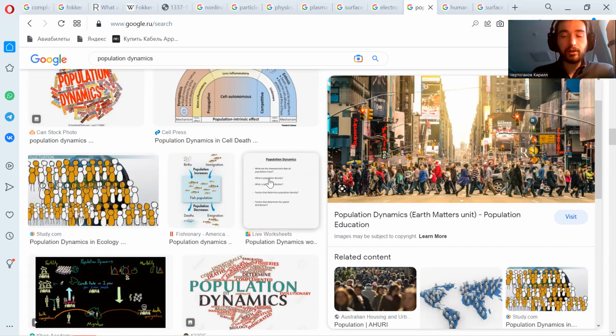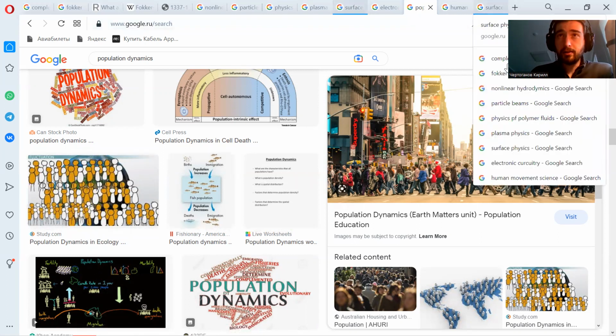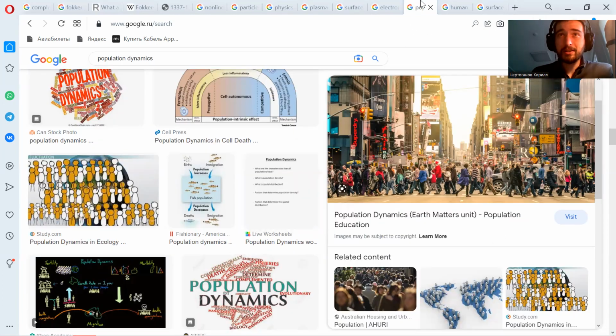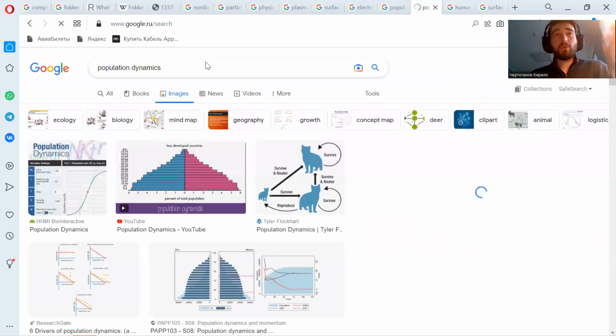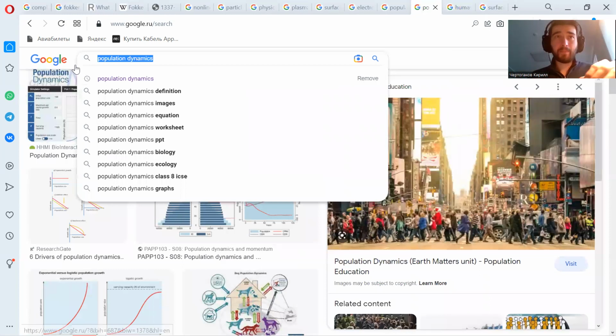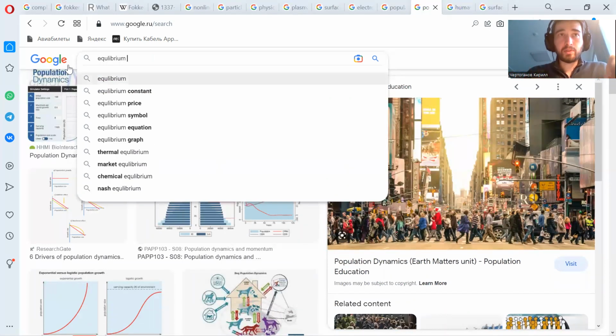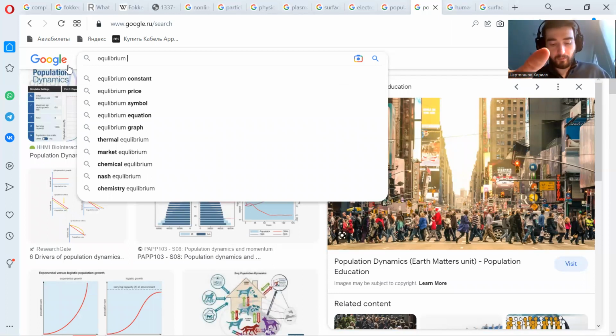range from equilibrium and non-equilibrium phase transition, and more pictures are interesting. What is equilibrium? It's like in the middle. Equilibrium phase transition.